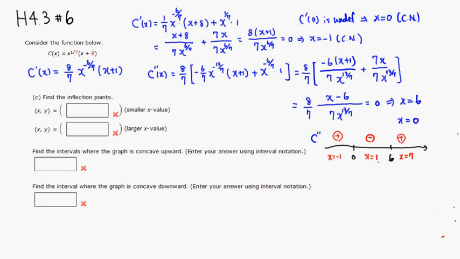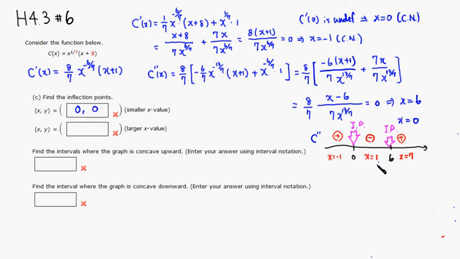So it looks like we're going to have inflection points here, since concavity is changing, and also there. The smaller x value is 0, and the corresponding y value, when we plug in 0, is 0. So that's the origin.